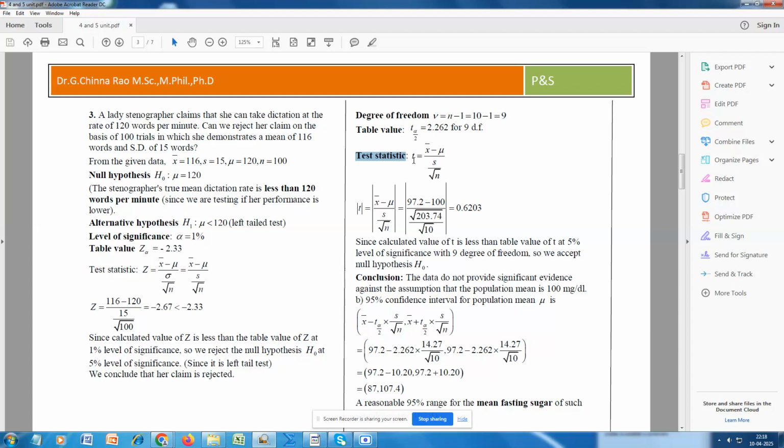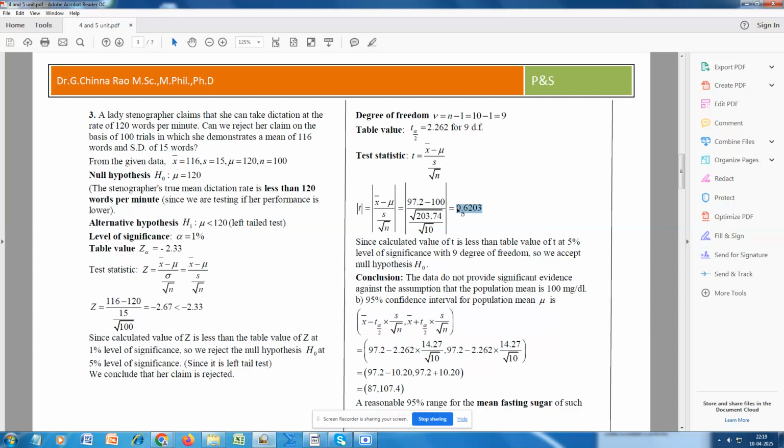Now test statistic t is equal to x bar minus mu by s by root n. Here x bar is 97.2 minus mu is 100 by s is root 203.74, and here n is 10, root 10. After simplification, we can get 0.6203. And again compare with the table value.